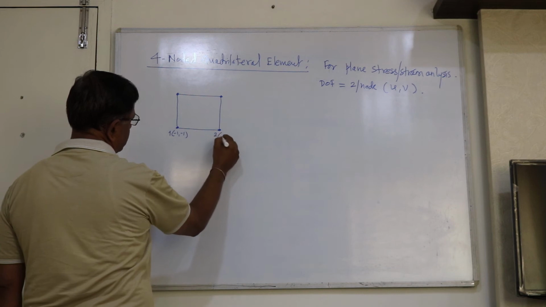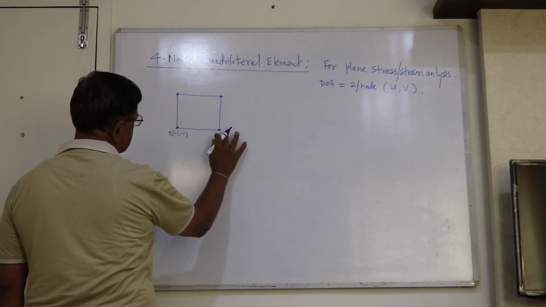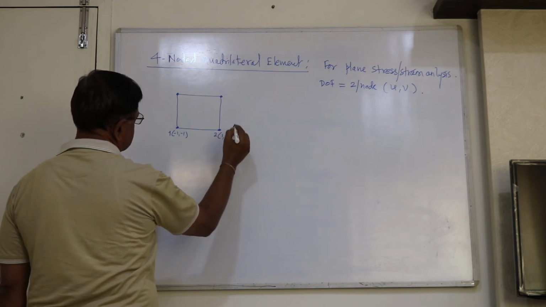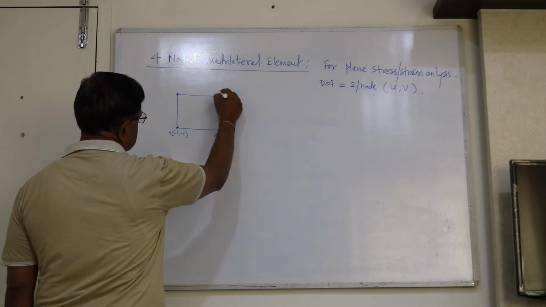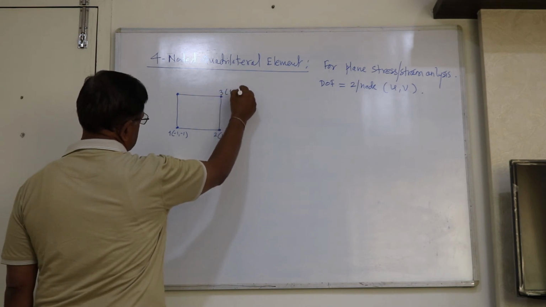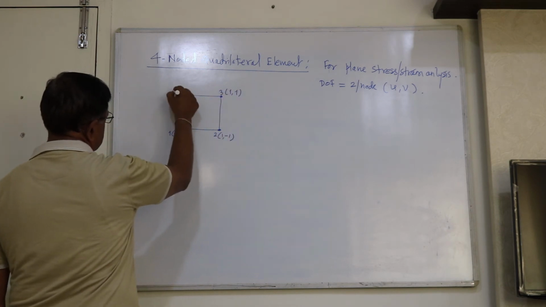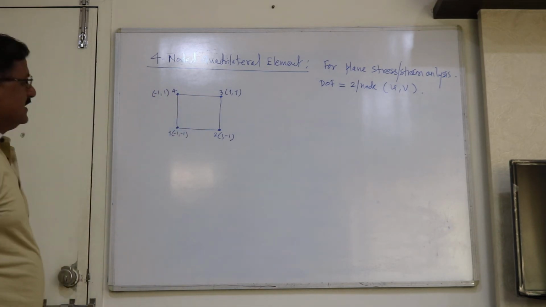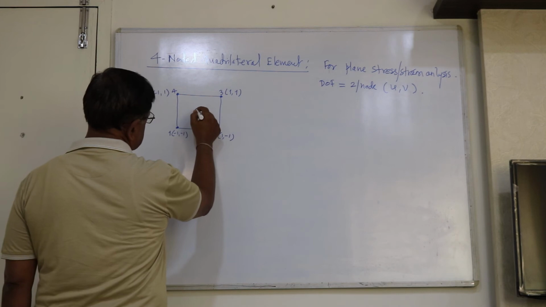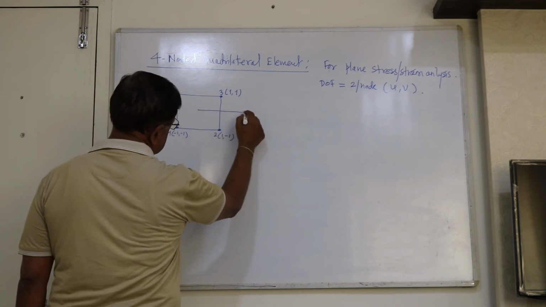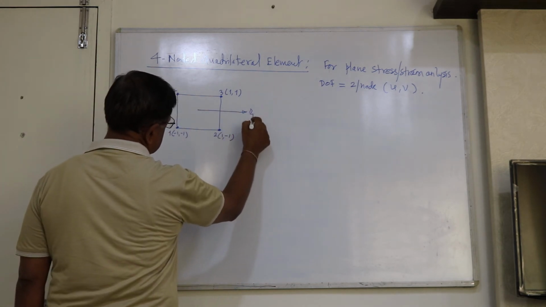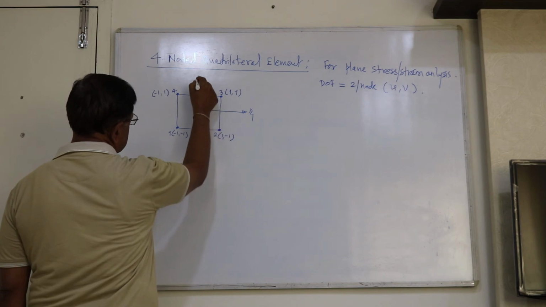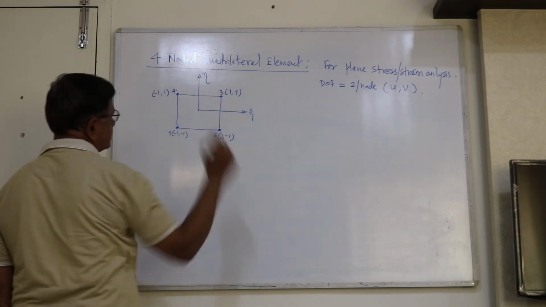This is node 2, coordinates 1, -1. Node 3 is 1, 1, and node 4 is -1, 1. The origin is to be considered at the center. So this is the xi coordinate and this is the eta coordinate.